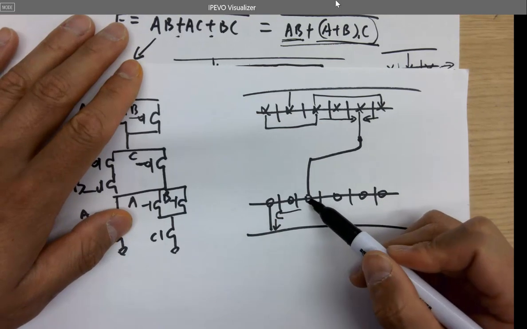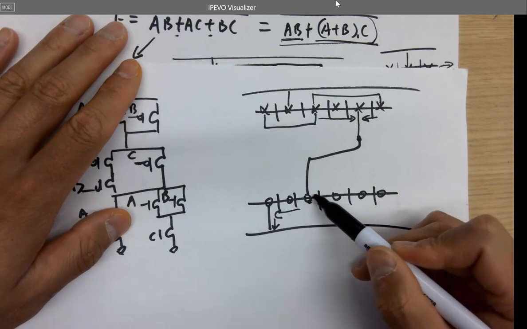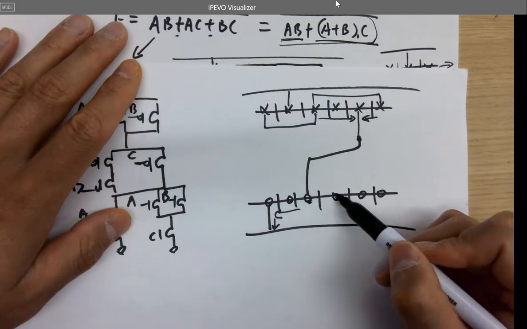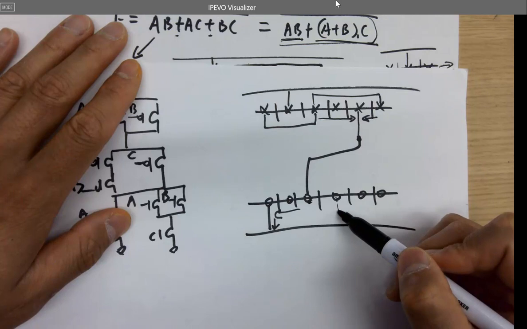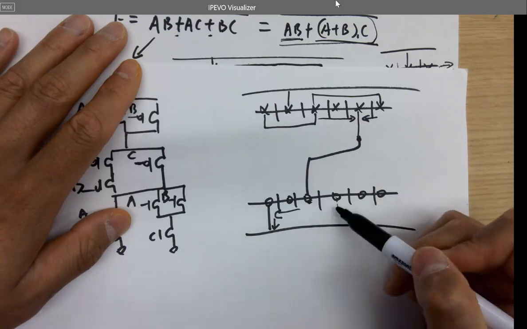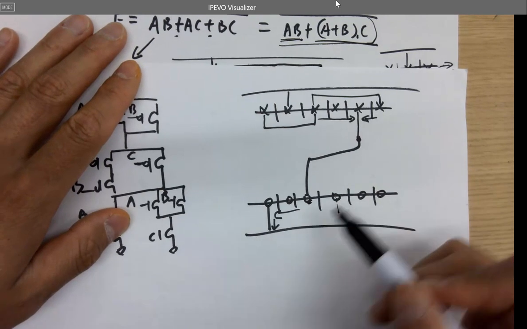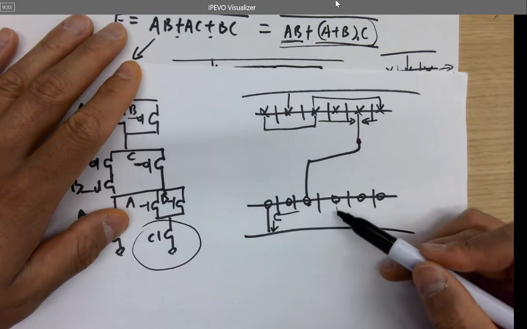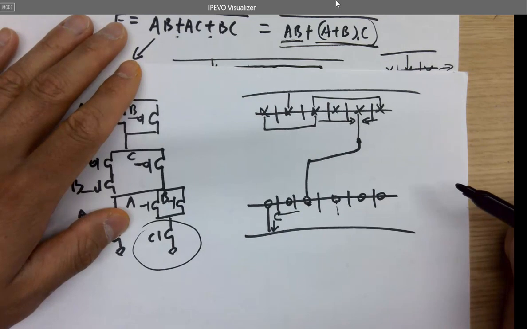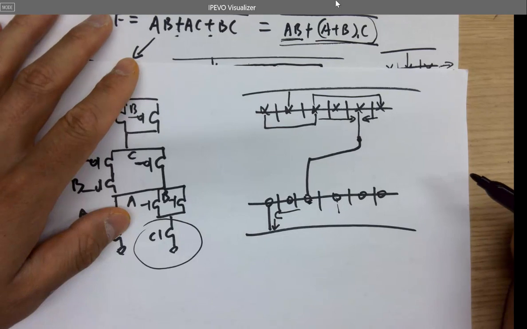If you have something here already, seems like you have to merge it in the middle to form a parallel transistor. And in that case, you've got a middle transistor, which is not able to reach C here. What's the solution to this issue?